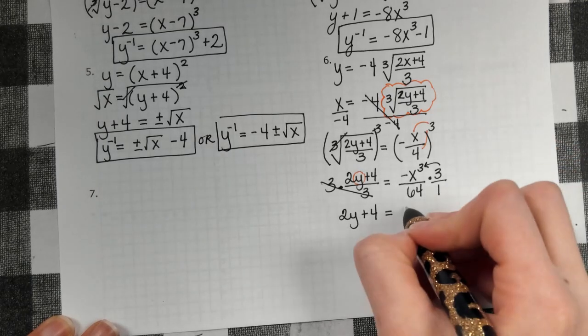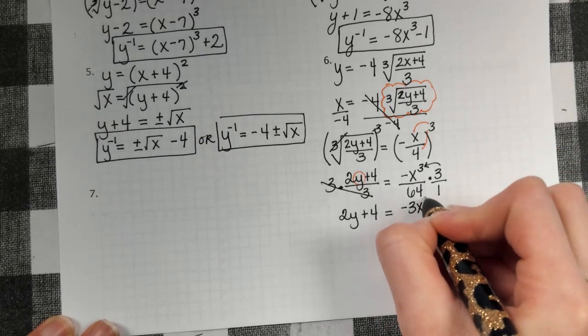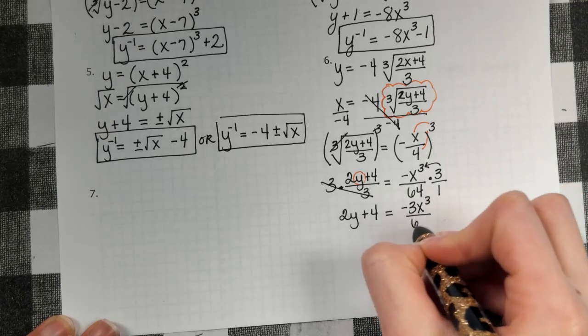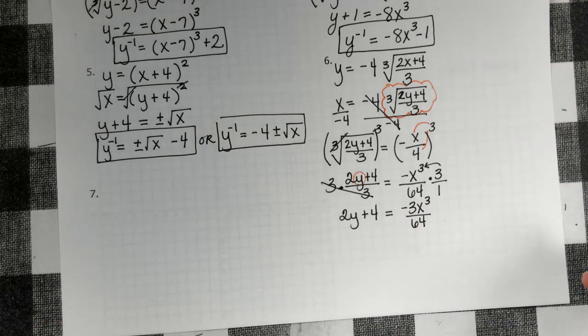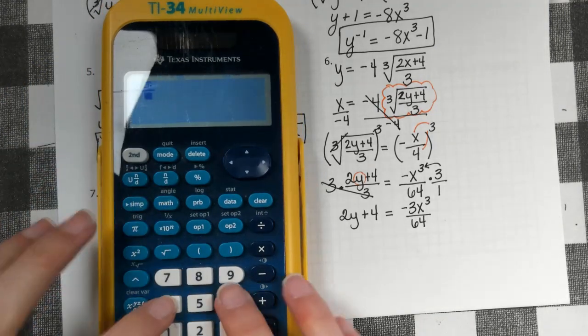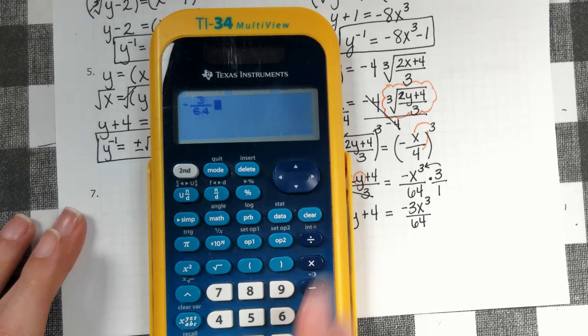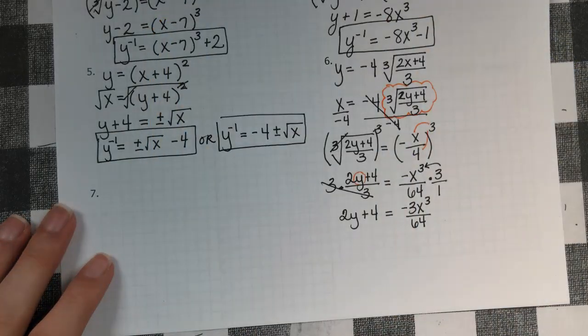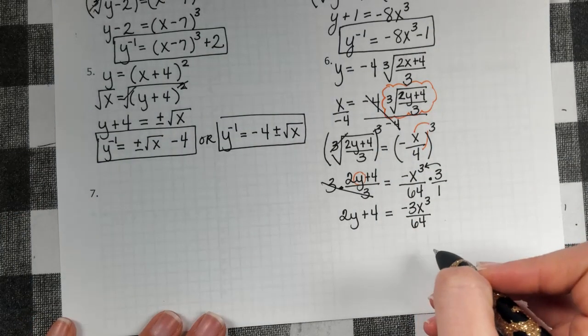Okay, so this is a -3x cubed over 64. Now I would check, could you simplify -3 over 64? Anytime you have a fraction, try to check if it simplifies. It does not. Okay, so we're going to leave it like that.